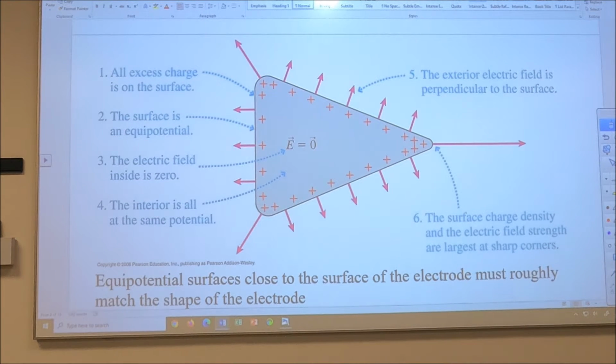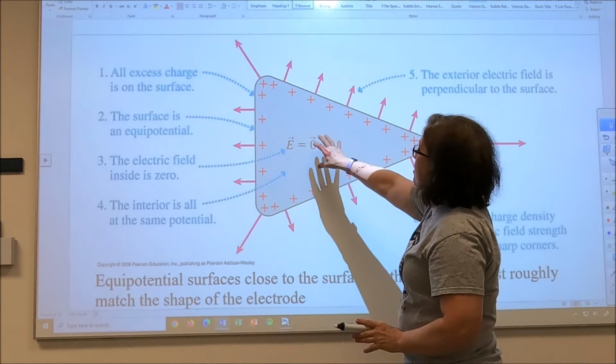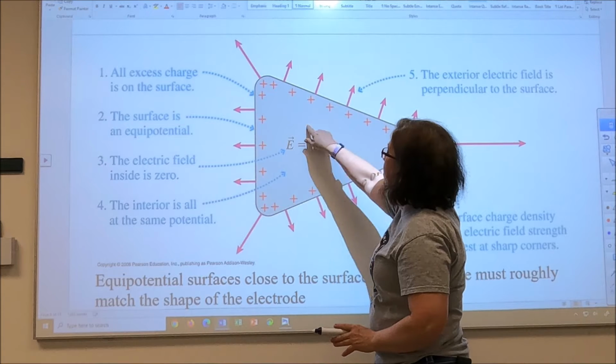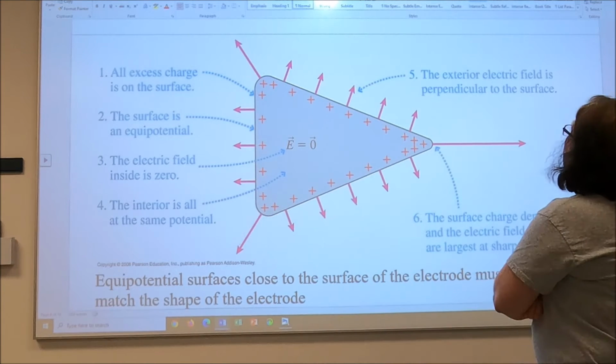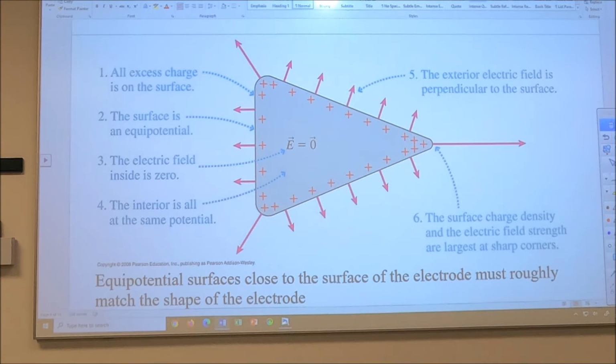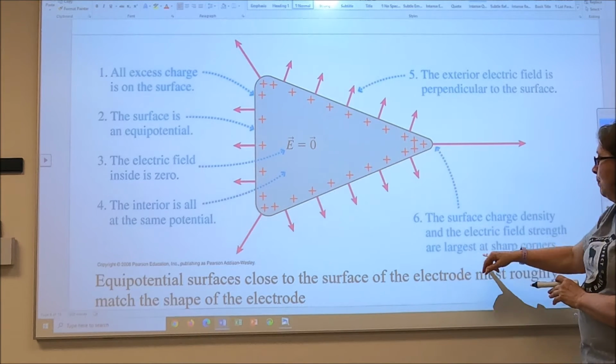The surface then is an equal potential surface, and the electric field inside is 0. The interior all has the same potential. So there is no change in electrical potential between any 2 points inside here. The exterior electric field is always perpendicular to the surface, and the surface charge density changes with shape.